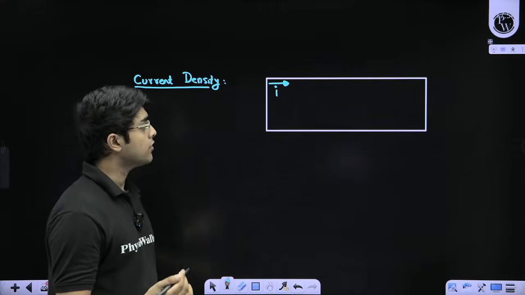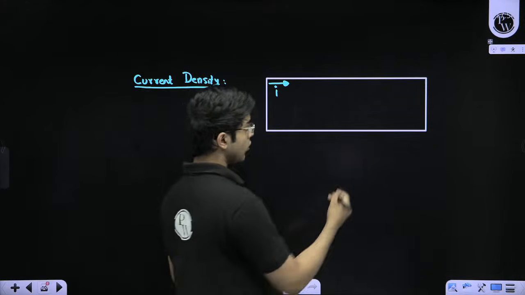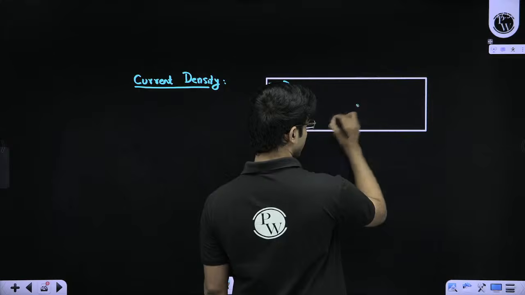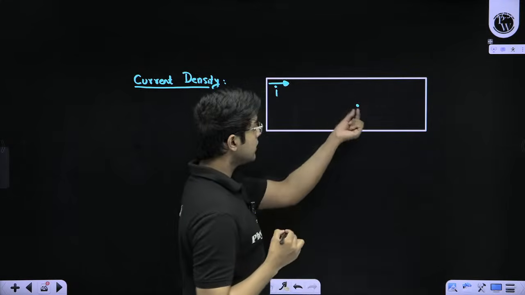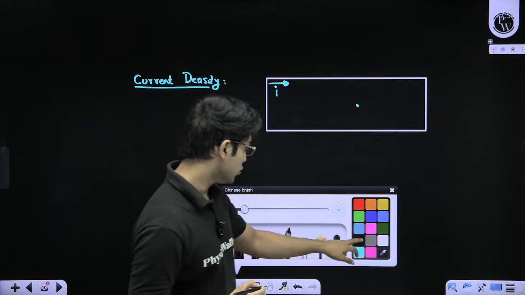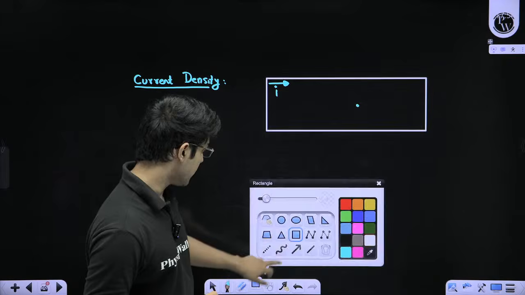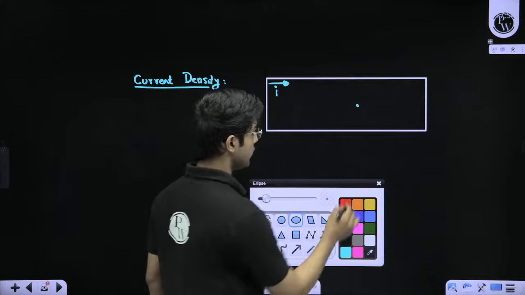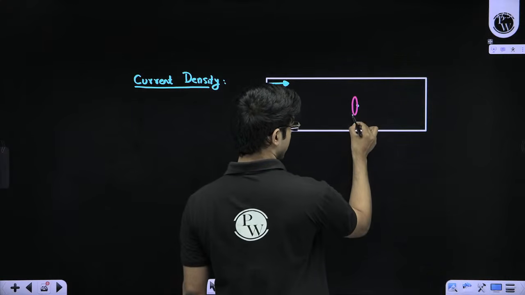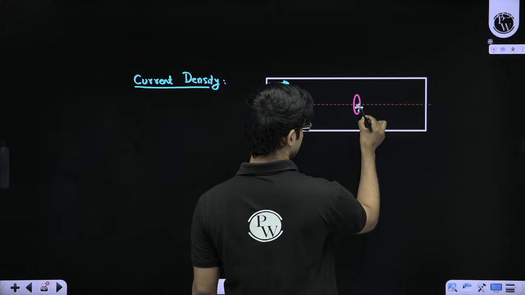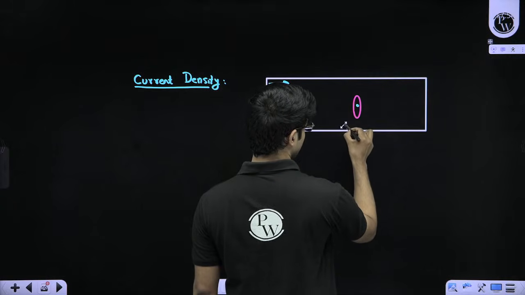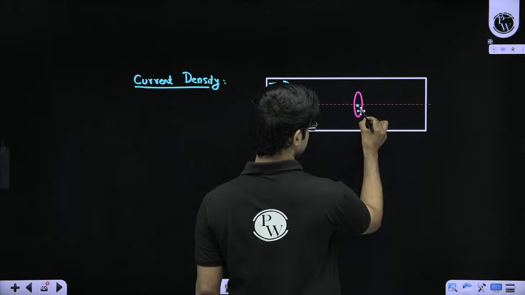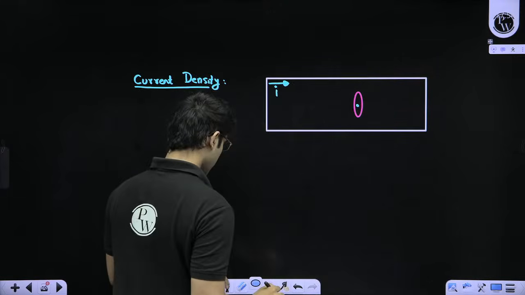When we talk about electric current density, we always talk about it at a point, close to a point. So I am choosing this point. Near this point, we will have to take a very small area of cross section. For explaining this, I am choosing a big cross section.